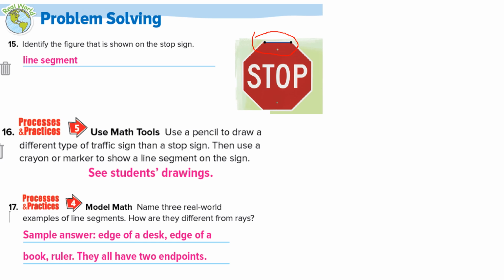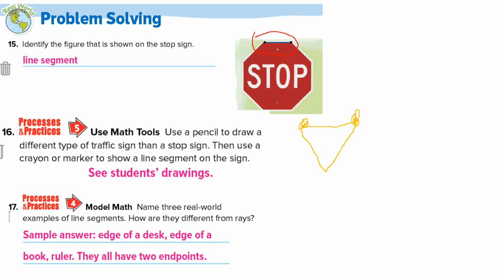So I'm actually going to draw, if I can, a yield sign, and I will put an endpoint there and an endpoint there, the best I can, and that would be a line segment. You have to look just to make sure that you've drawn straight lines and it has endpoints.